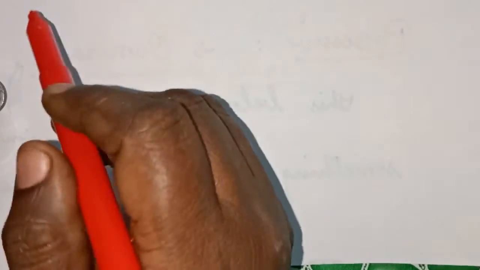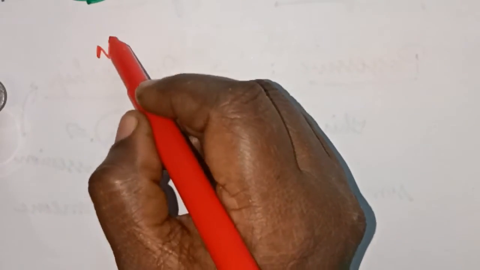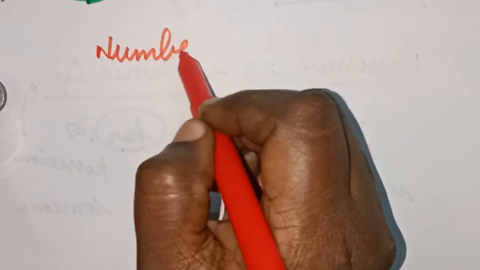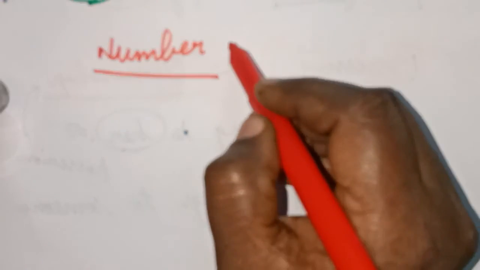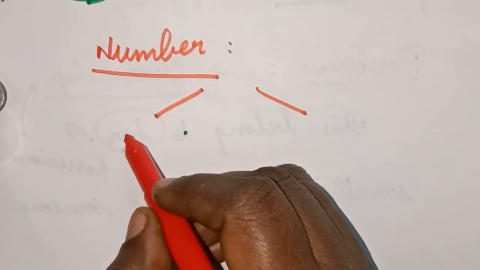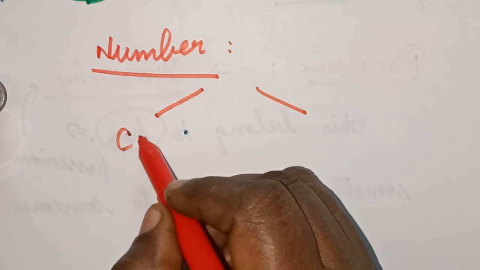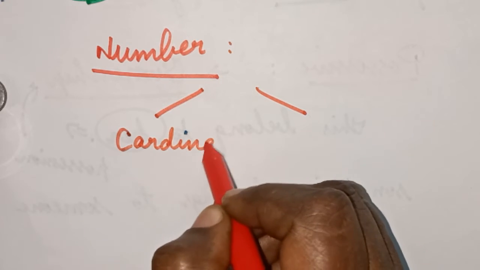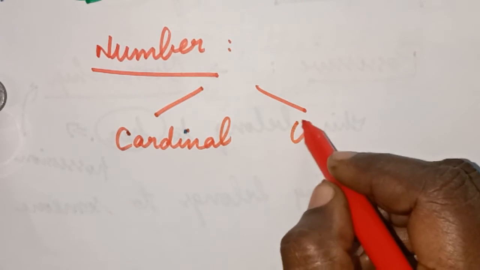The next thing is numbers. These numbers are divided into two groups. One is cardinal numbers and the other one is ordinals.